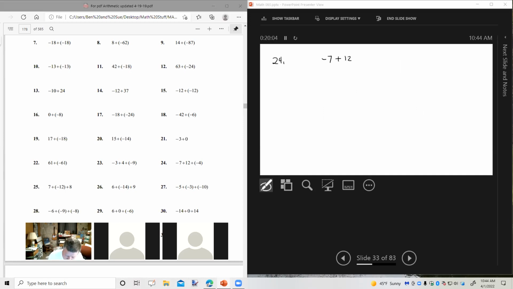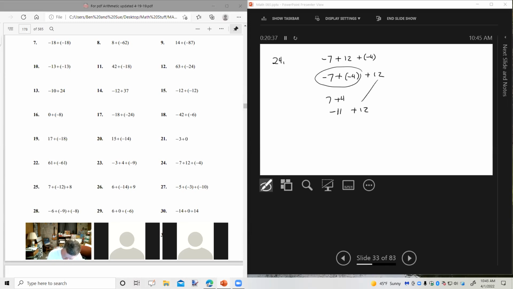What about problem number 24? -7 plus 12 plus -4. We talked, I believe, briefly yesterday about how addition was commutative. You could change the order in which you add. So in fact, we could do this. And then we could say, let's add those 2 numbers. We're adding 2 numbers with the same sign, so we add their absolute values and attach the common sign.